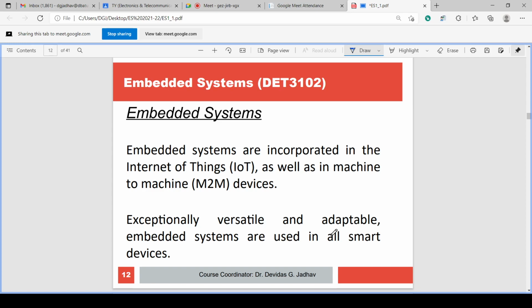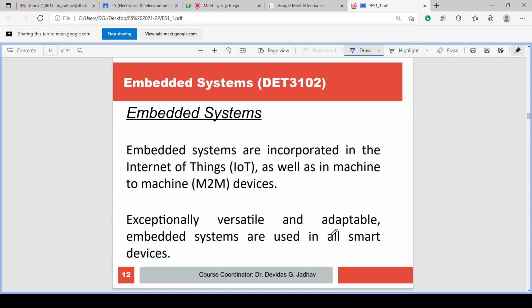Then embedded systems are incorporated in the Internet of Things, IoT, as well as machine to machine communication devices, M2M.